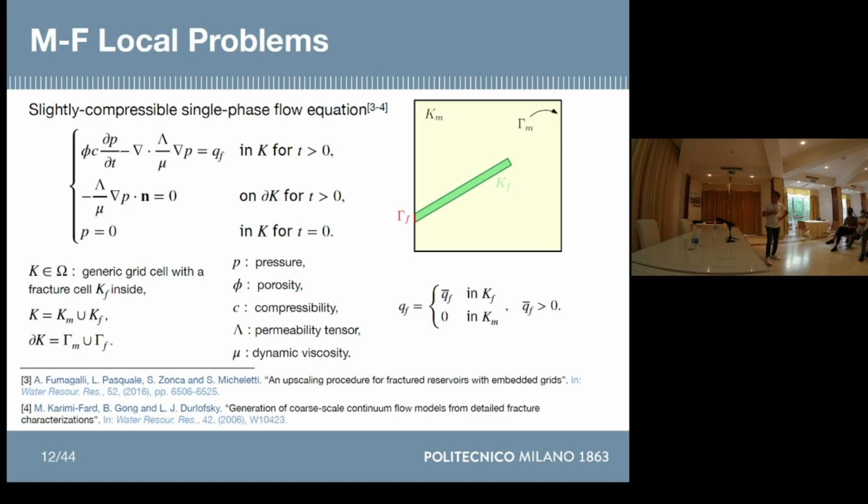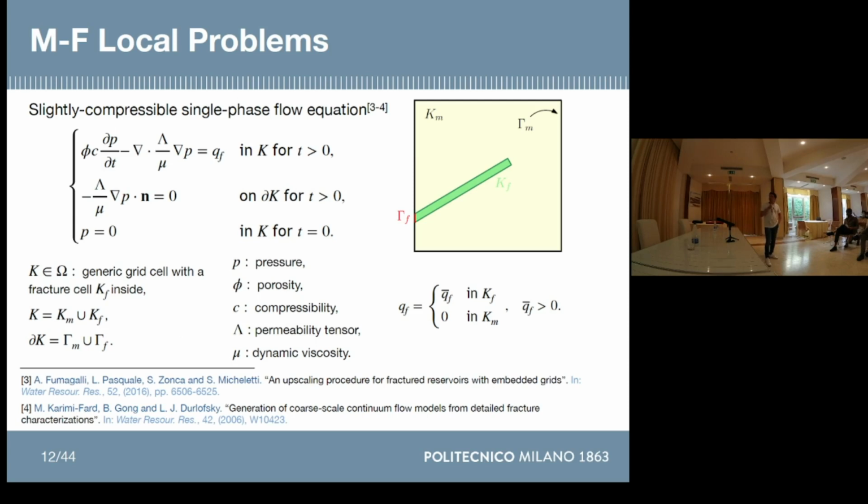So for the MF local problems, I've taken inspiration from the so-called numerical upscaling techniques for fracture systems. Here we have some papers about the subject, where slightly compressible single-phase flow equations are used in order to get the upscaling of the transmissibility.